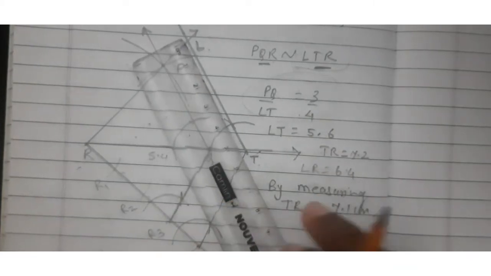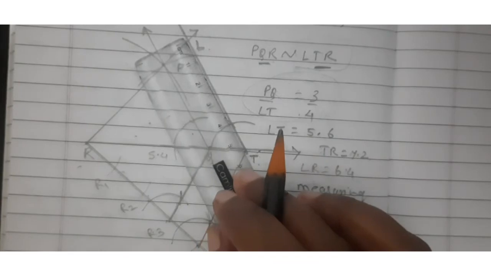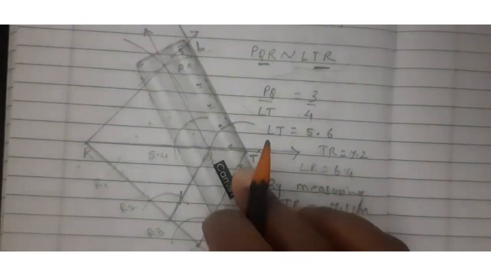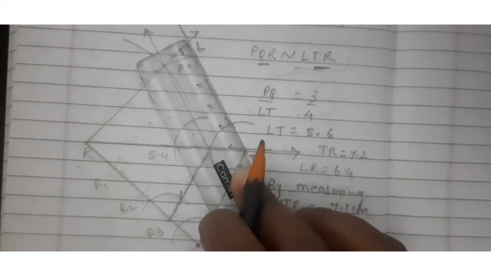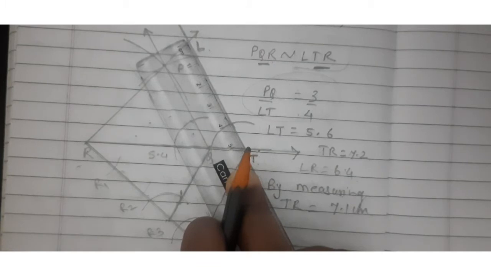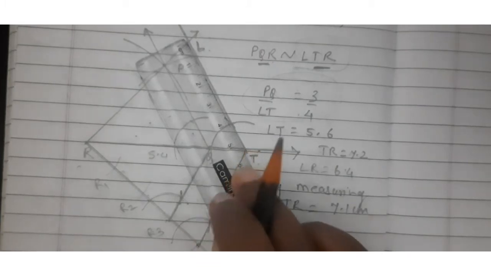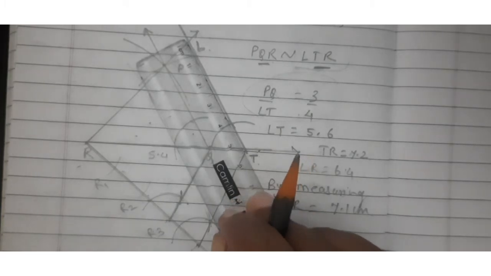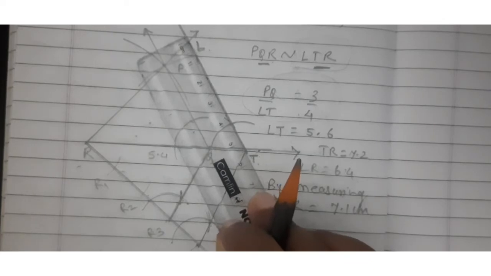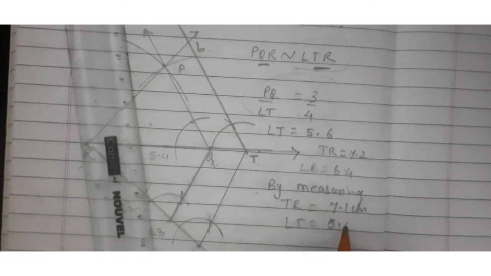Then LT we will measure. How much should it come? 5.6. So it may be 5.5, 5.4, or it may be less than 5.5. So LT, what I have measured, is coming as 5.4 centimeter.